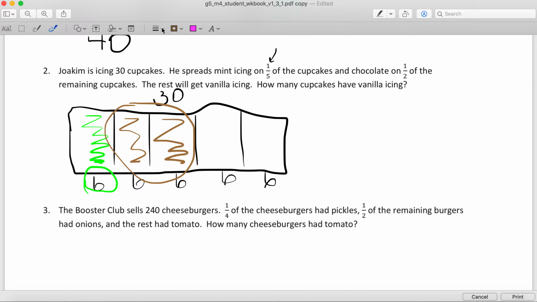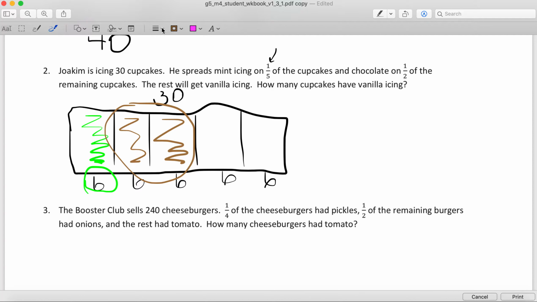So this is hard to take half of. But if we divide each one of these in half, then how many pieces do we have? We have 1, 2, 3, 4, 5, 6. So that means I want half of that, which is 3 parts. Okay, so that's 1, that's 2, that's 3.